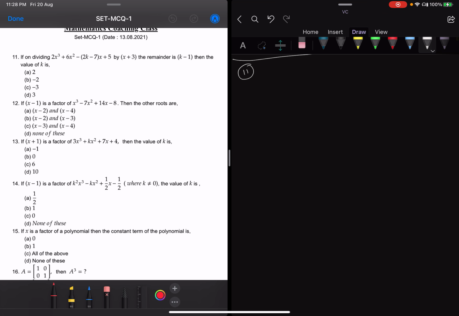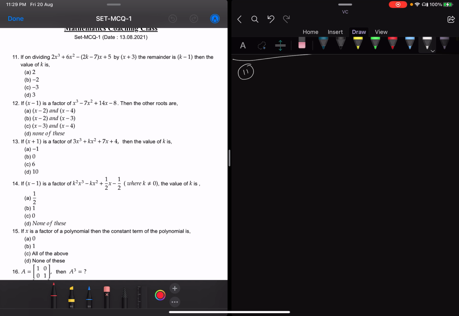Now what this question is saying is: if on dividing 2x cubed plus 6x squared minus (2k minus 7)x plus 5 by x plus 3, the remainder is k minus 1, then the value of k is, we have to find the value.